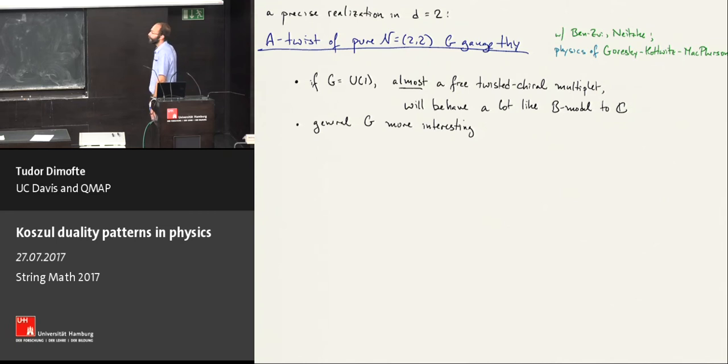If G is abelian, then this is basically the previous B-model example, because N=(2,2) U(N) gauge theory can be dualized almost to a free twisted chiral multiplet. So we're going to get a symmetric exterior algebra duality. For general groups, the story is a little more interesting.